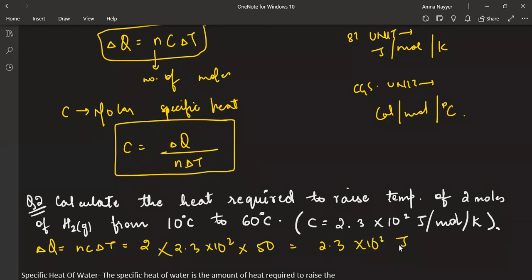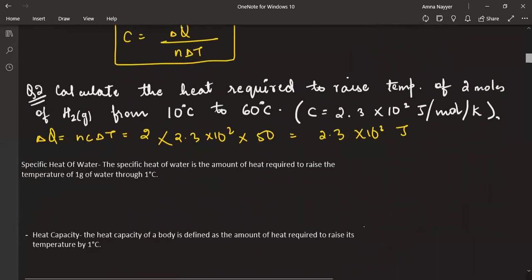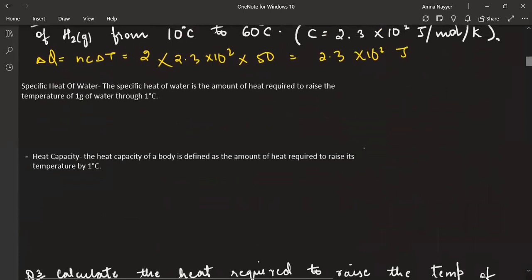Fine. Now, one more quantity you have similar to this. This is the specific heat of water. When you are talking about the same specific heat capacity, but you're just referring to water, there is no other material except water. It is the amount of heat required to raise the mass of 1 kg of water through 1 degree Celsius, same thing.